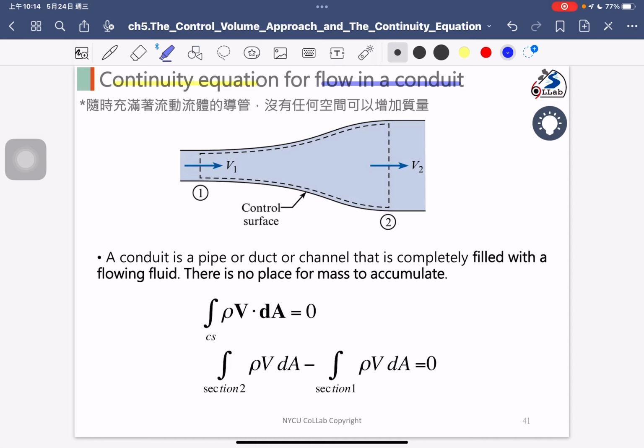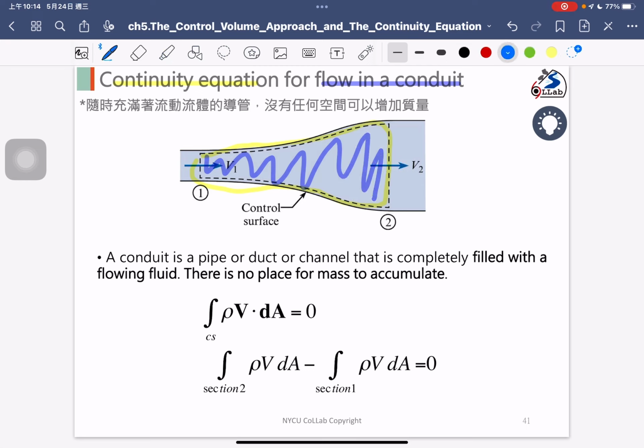As I mentioned before, in pipe flow, if you depict the control surface, you will define the control volume inside here.